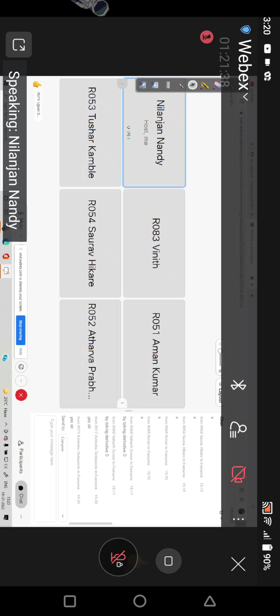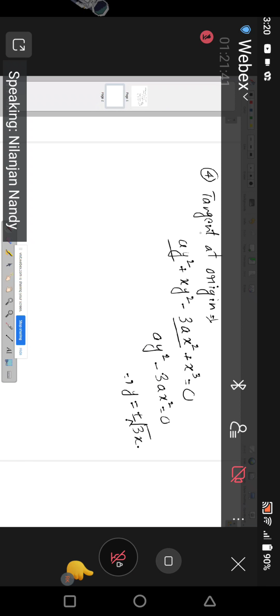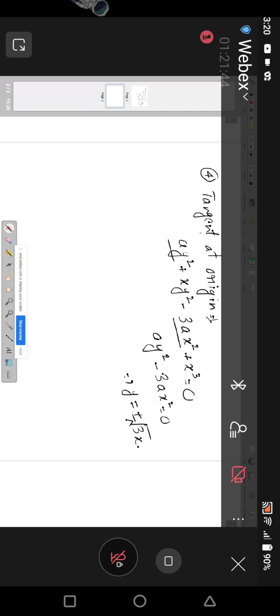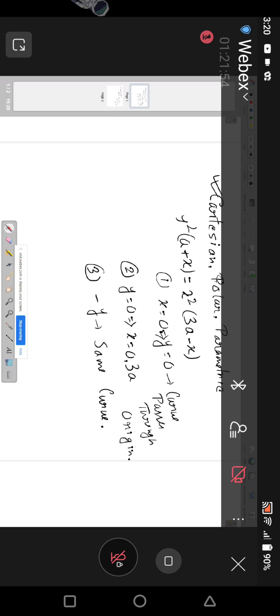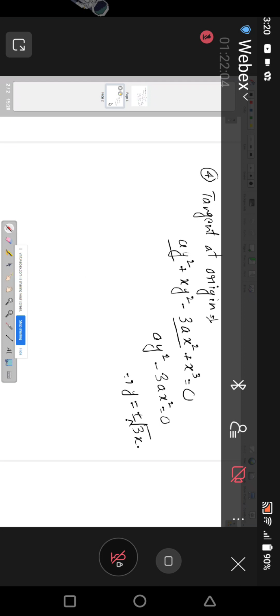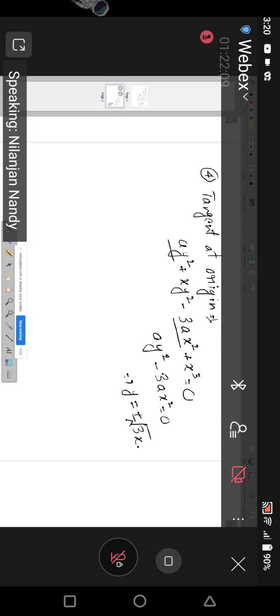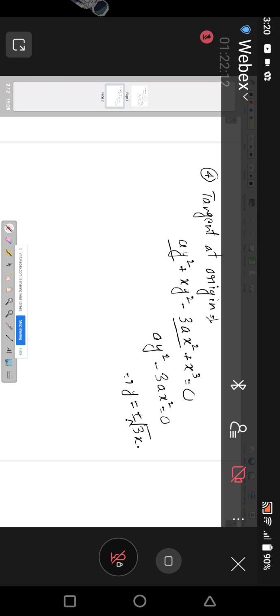After getting y equal to plus minus 3x, these are the two tangents that are passing through the origin. As I told you earlier, I have to find the particular points. I have seen that 0 comma 0 and 3a comma 0 are the 2 points. So you have the idea, it cuts the x-axis at the points 0 as well as 3a. Now you have to check the next, the region and the asymptotes.